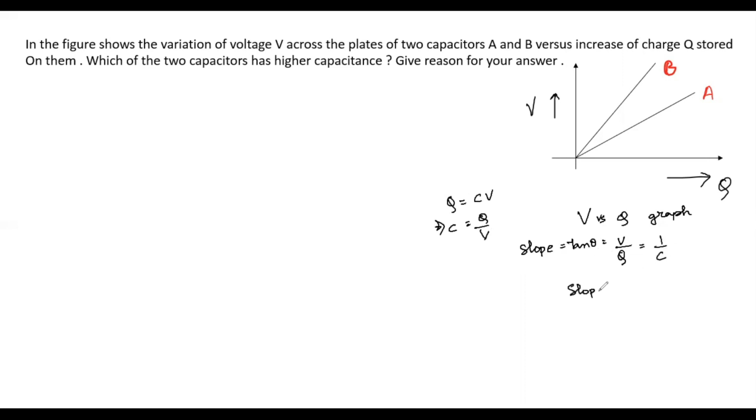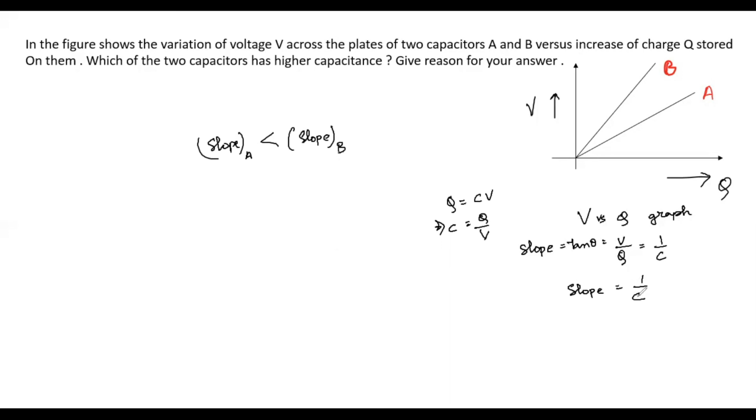That means the slope is the reciprocal of the capacitance. So if you see, the slope of capacitor A is smaller than the slope of capacitor B.